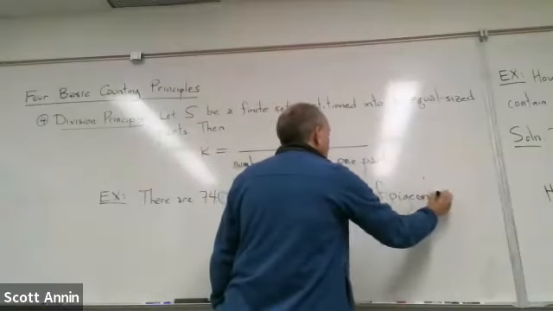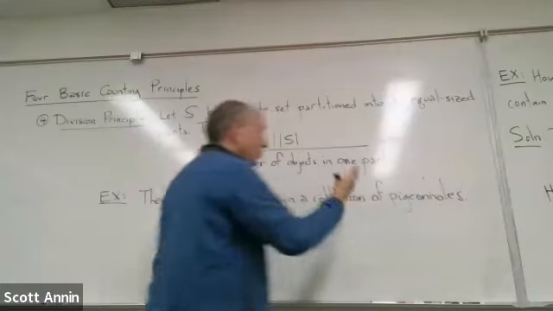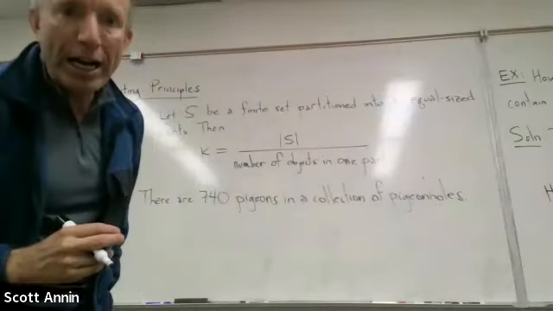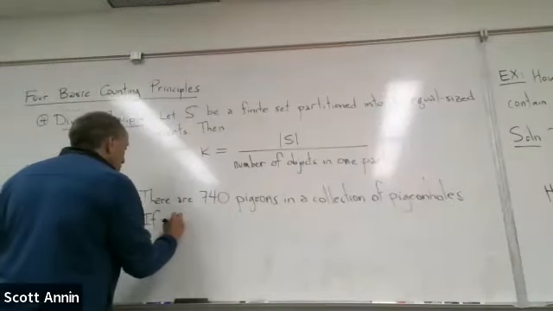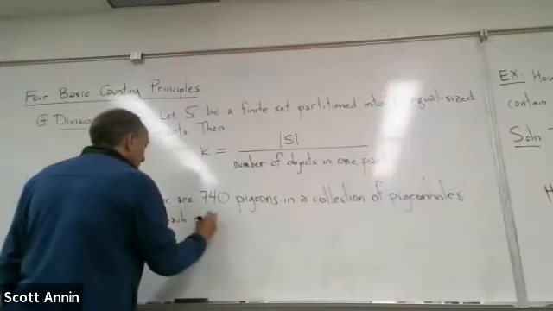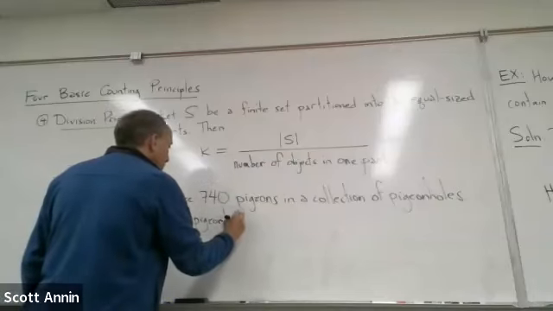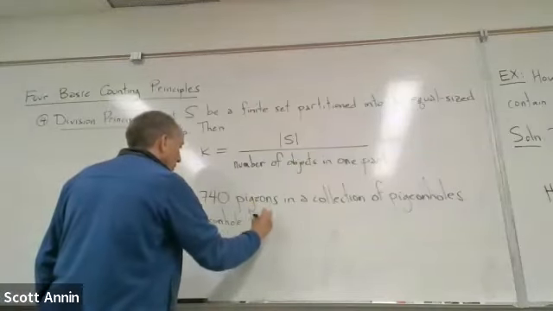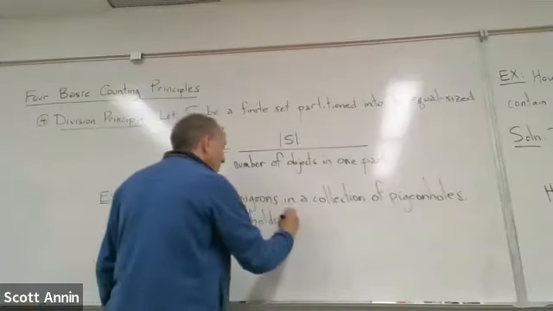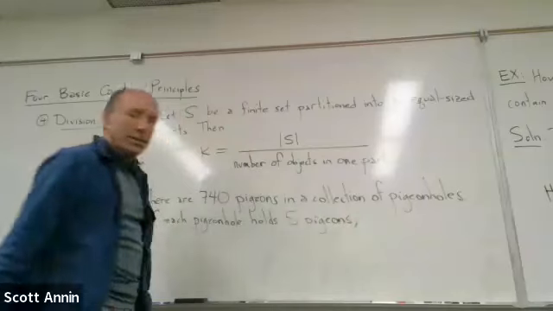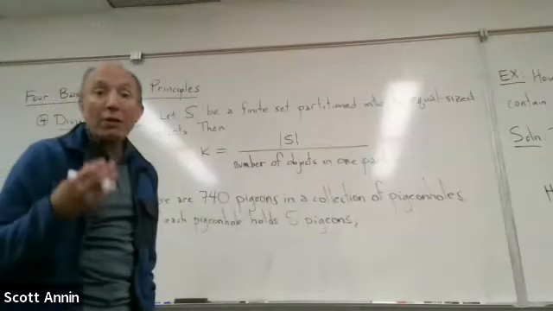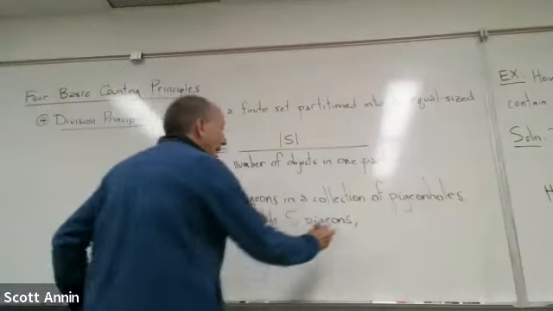So there's a total of 740 pigeons that are split among a variety of pigeonholes. Let's suppose now that each pigeonhole holds 5 pigeons, then we could actually count how many pigeonholes that we have.